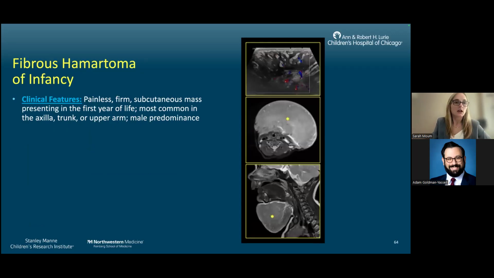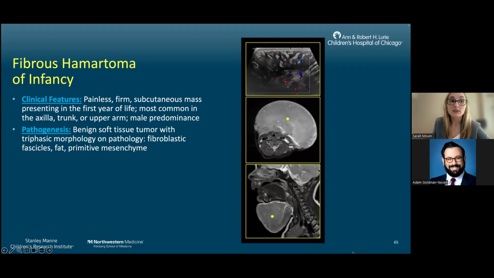Okay. Moving on to fibrous hamartoma of infancy. This presents as a painless, firm subcutaneous mass that will often present during the first year of life. More common locations will be within the axilla, the trunk, or the upper arm, but head and neck presentations have been reported, and it has a male predominance.